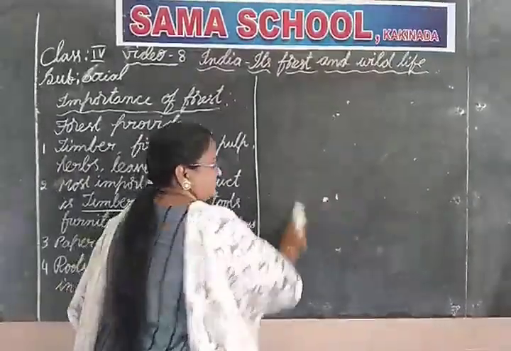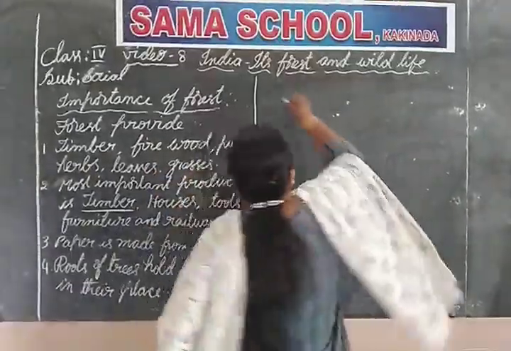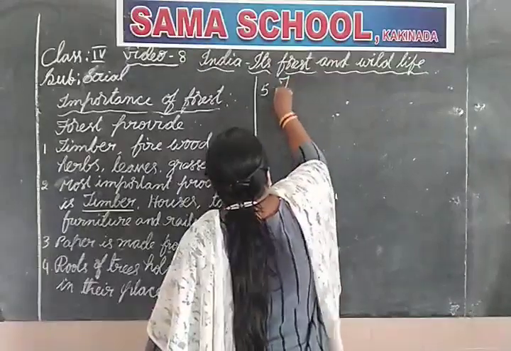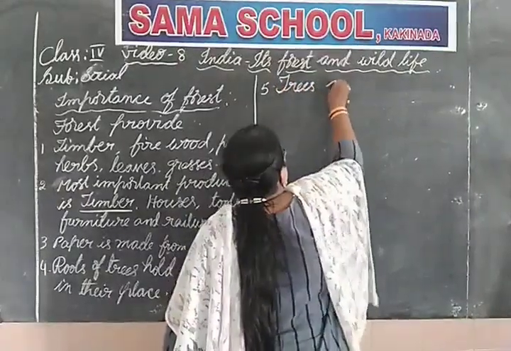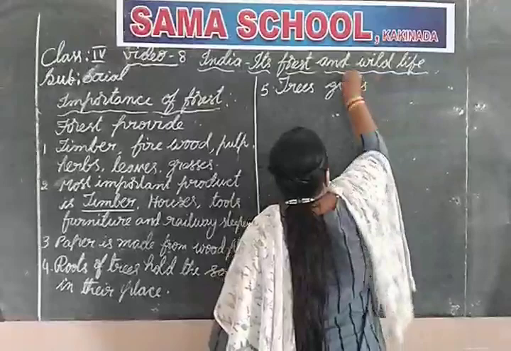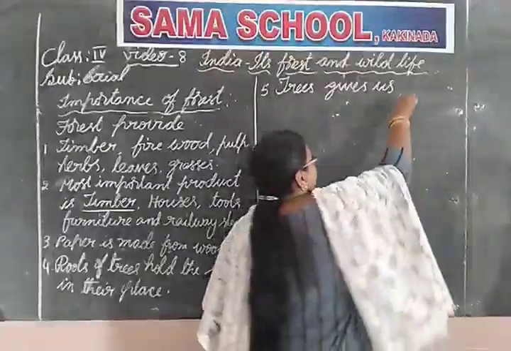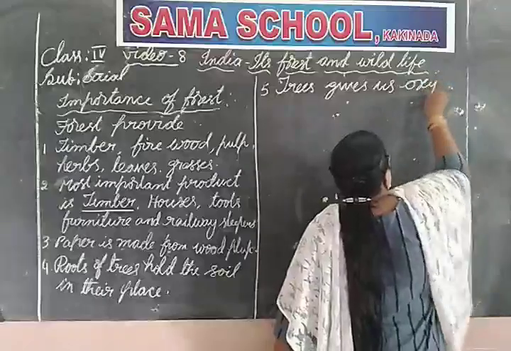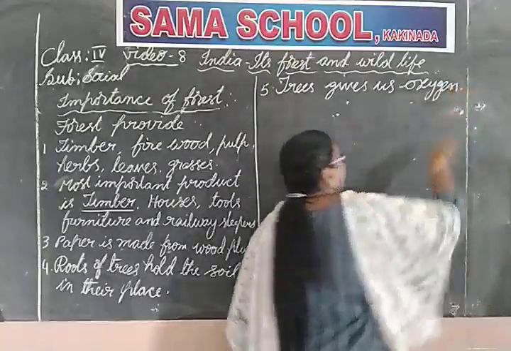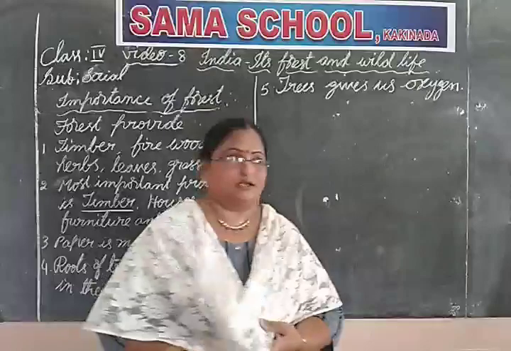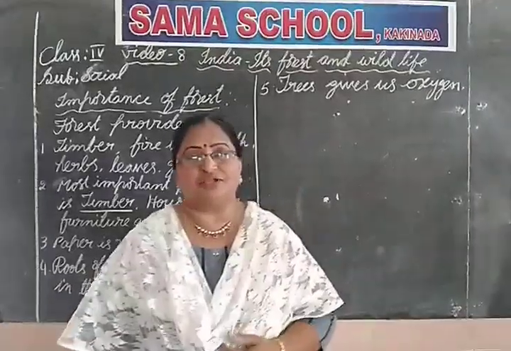The fifth point is: trees give us oxygen. What do trees give us? Trees give us oxygen. How do trees give us oxygen, children?